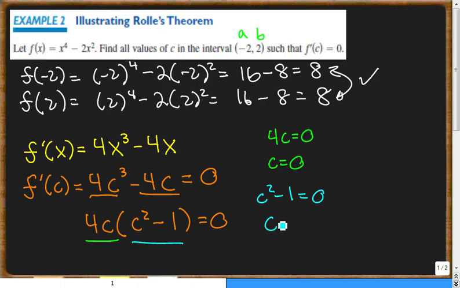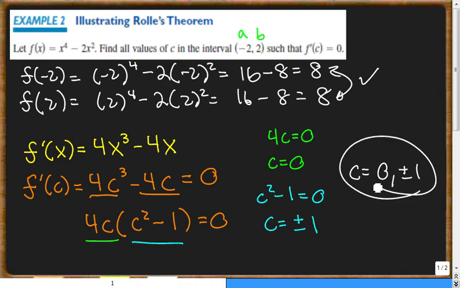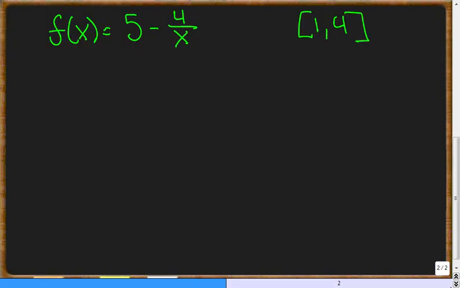Now, from this you would get c to be positive or -1. So not only does it happen at least once, it actually happens 3 times. So c could be 0, positive 1, or -1. So this shows that Rolle's theorem does work. First off, though, this equation is obviously continuous and differentiable. There's no weird things that happen anywhere.